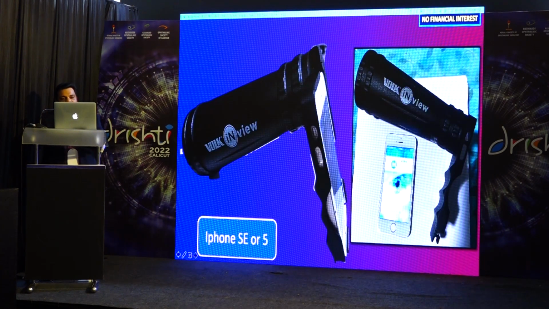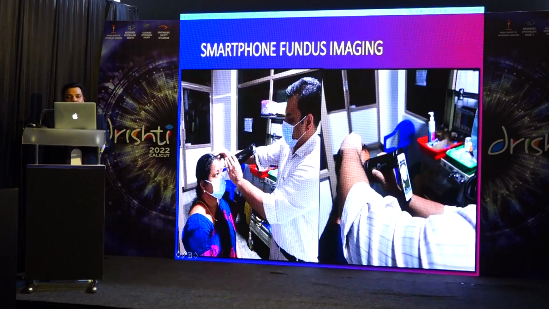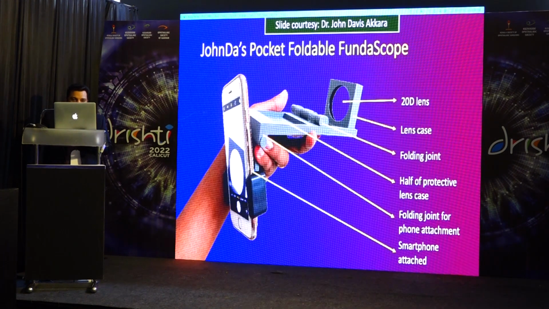They also have their app, the VOC InView app. It will help you click pictures: once you focus, the device will automatically click the picture with the help of the app. Dr. John Davis has developed one using 3D printing technology, called the John Davis Pocket Foldable Fundoscope.